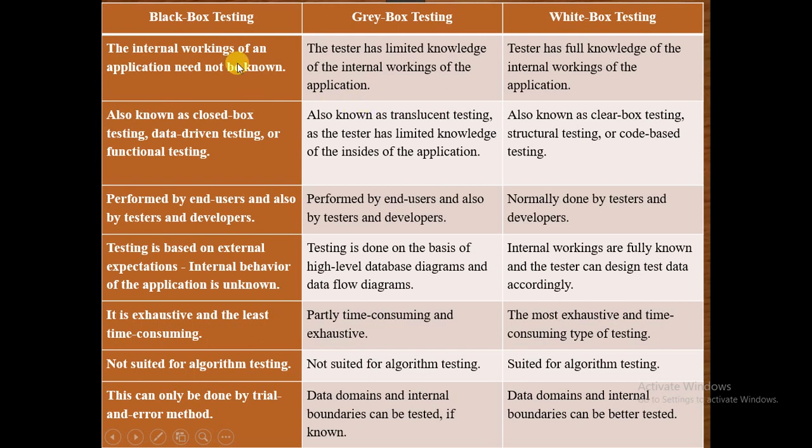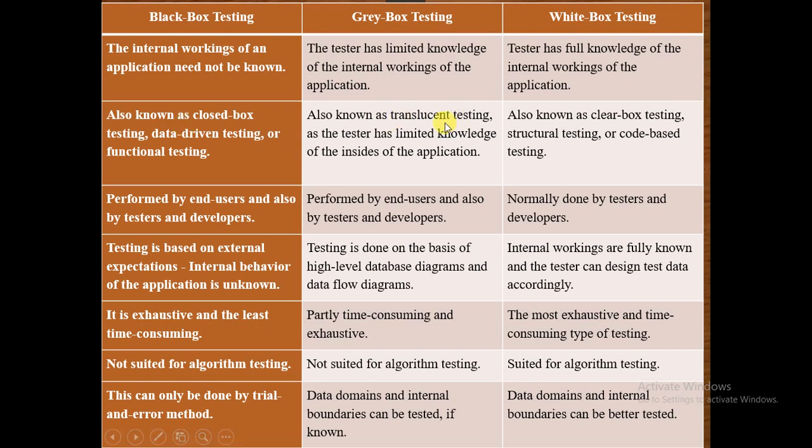This is the difference between black, gray and white. In black box testing, the internal working of an application need not be known. In gray box, the tester has only limited knowledge of internal working. In white box, the tester has full knowledge of internal working. Black box is also known as closed box testing, data driven testing or functional testing.